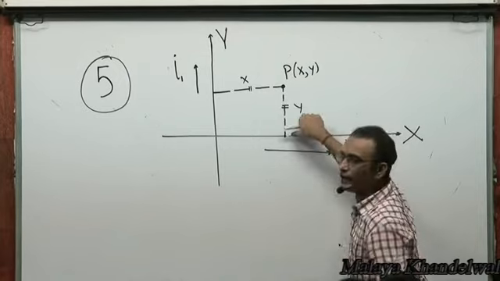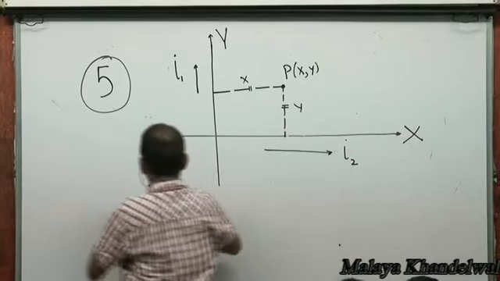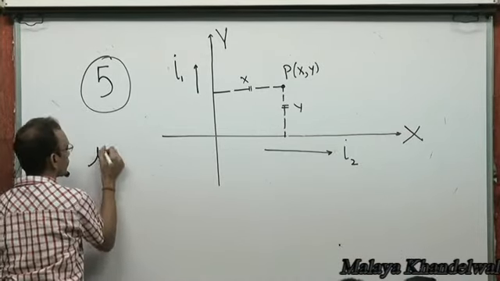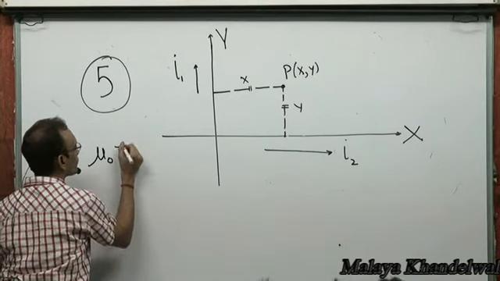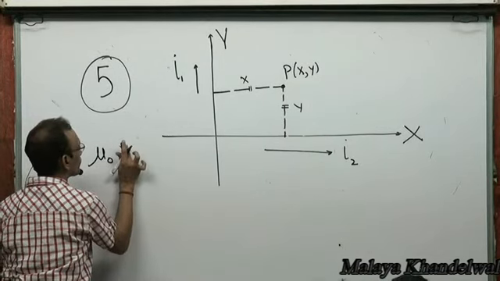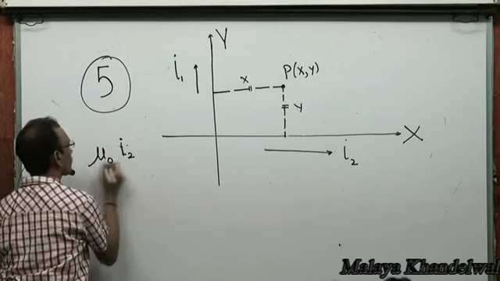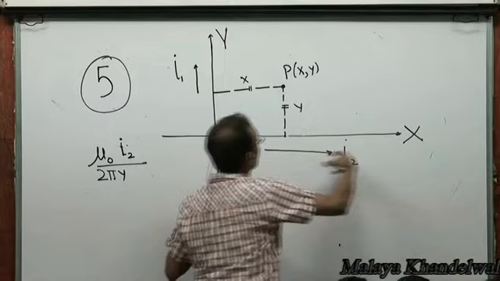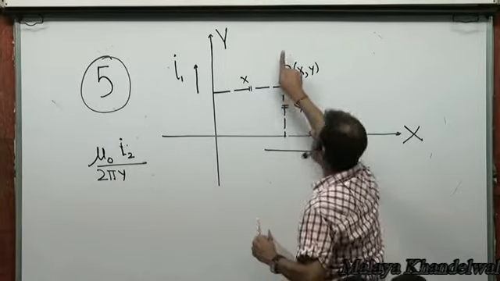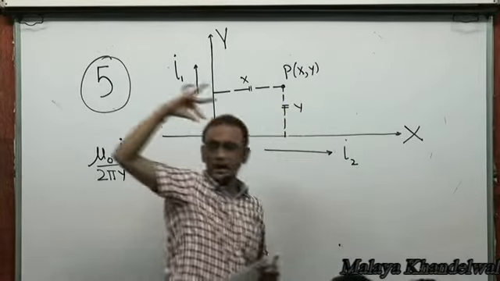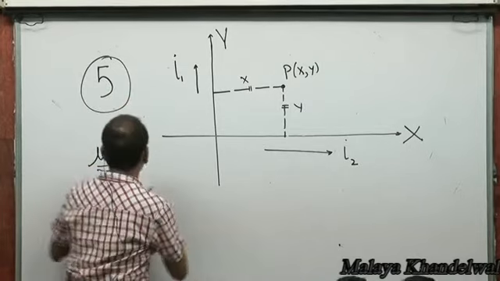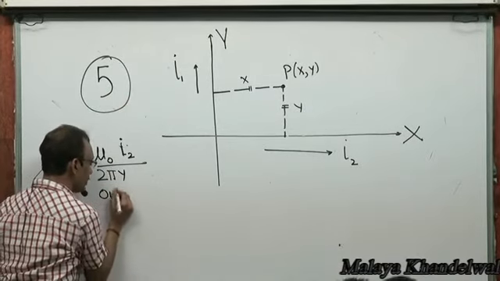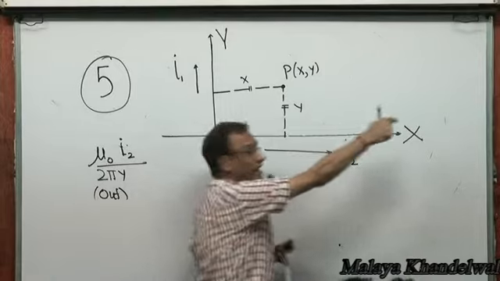Mu naught I2 by 2 pi y. And now the direction of this field: these are my dls, this is my r, so dl cross r comes out of the plane of the board. So this magnitude is out of the plane of the board because of this current carrying wire.